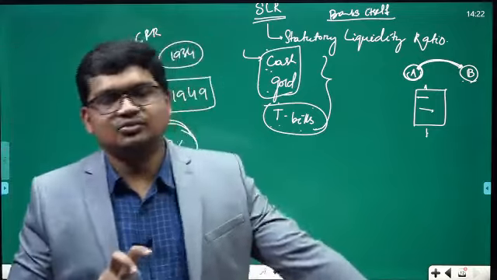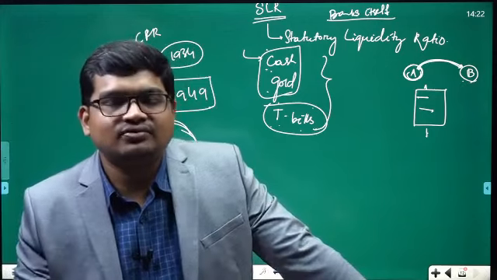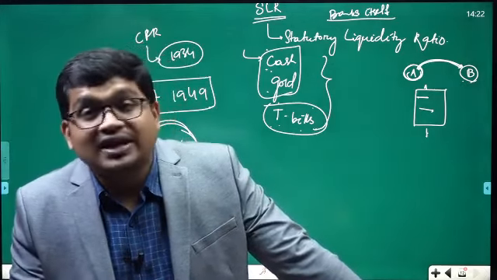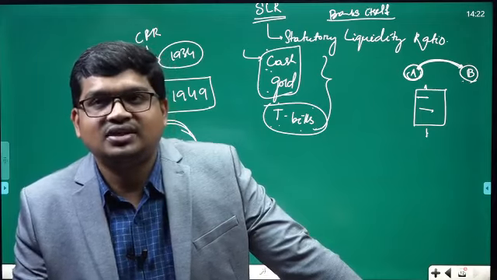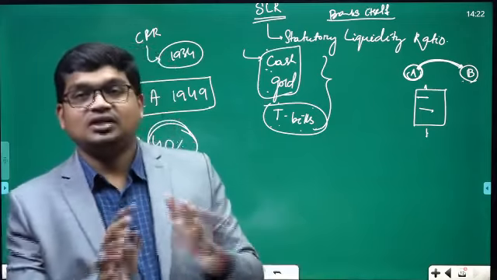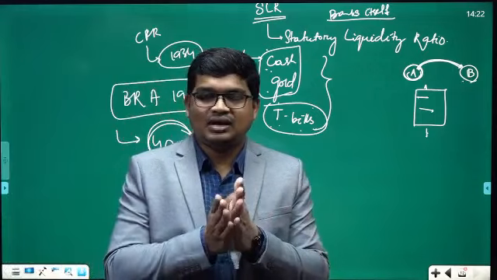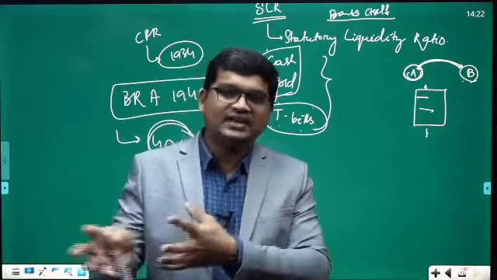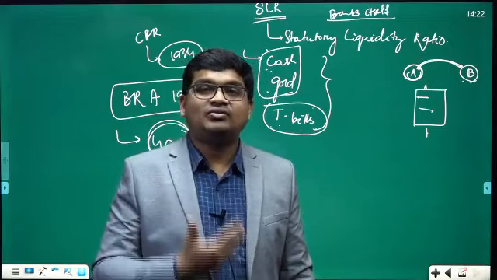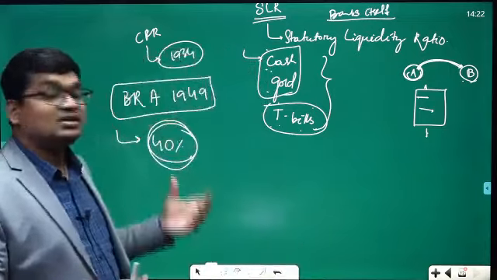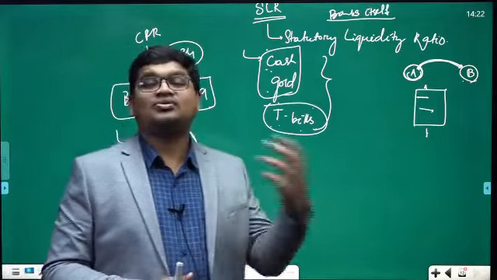We will discuss the banking reforms after 1991, when we entered the phase of liberalization, privatization, globalization. Before 1991, the amount of SLR was in fact larger than this 40%.